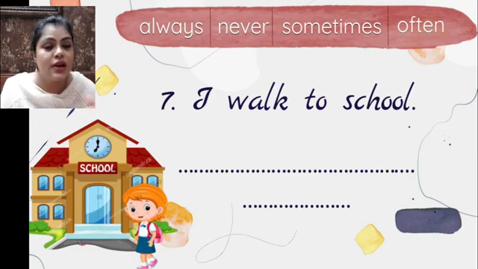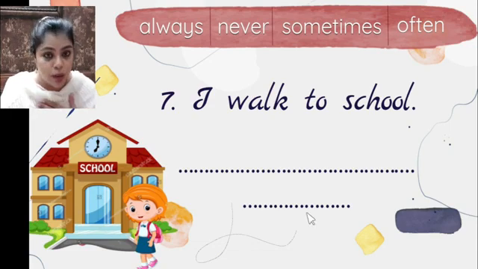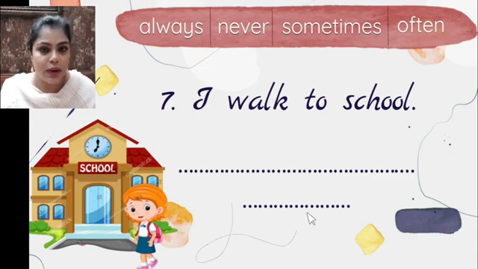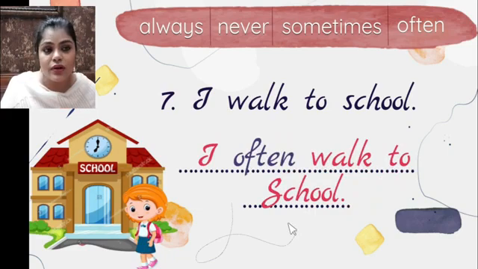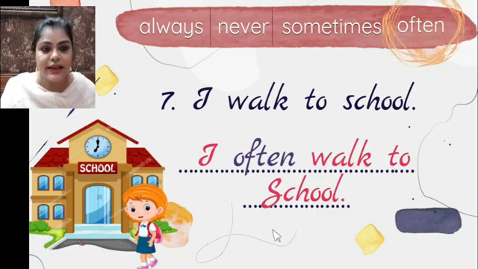If my house is really very far, I will never walk to school. I will take a rickshaw or a bus. So my house is not that far, just a little bit away. So I often walk to school. Okay. Next one.